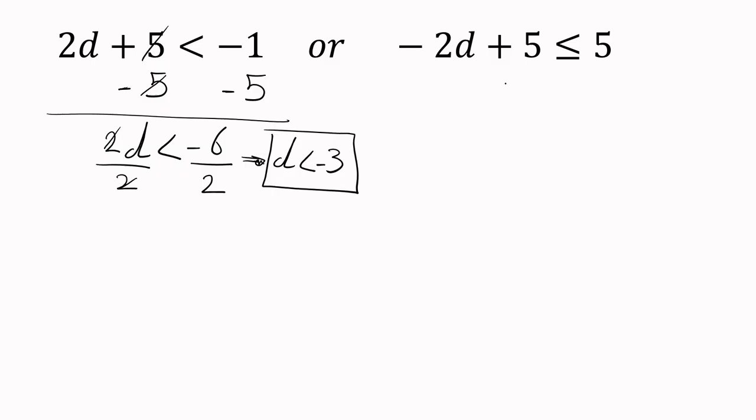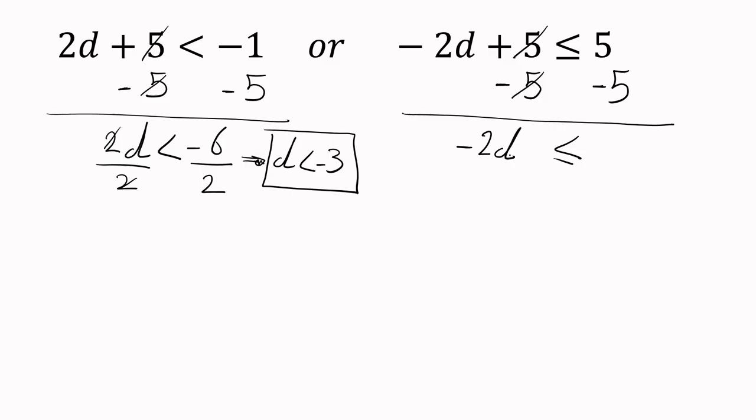I need to add negative 5, negative 5. If I do that, these two are going to cancel each other out. I'm going to have minus 2d. If I add them, I'm going to have 0. So, in this step, I need to divide this side by negative 2, and I must do exactly the same with the second side.